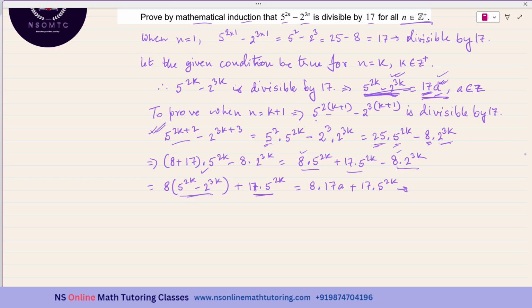So this is divisible by 17 because for the first term it contains a factor of 17, and for the second term also we are seeing that the factor of 17 is present. So this whole expression is divisible by 17.